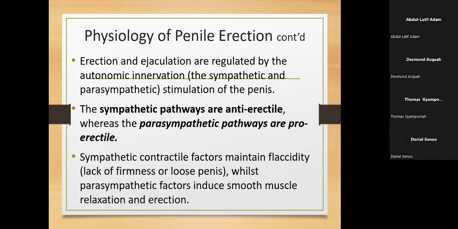I always like mnemonics. I'm sure you understand mnemonics. Mnemonics is spelled M-N-E-M-O-N-I-C-S, M, not T. Mnemonics is something that you always want to use to help you to remember something.